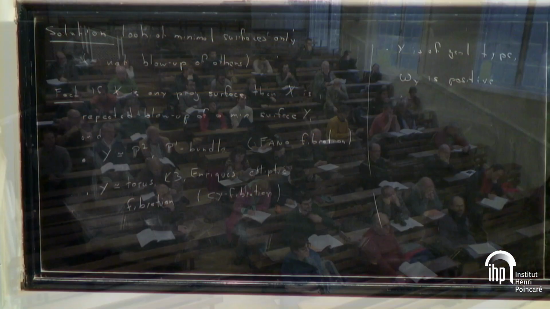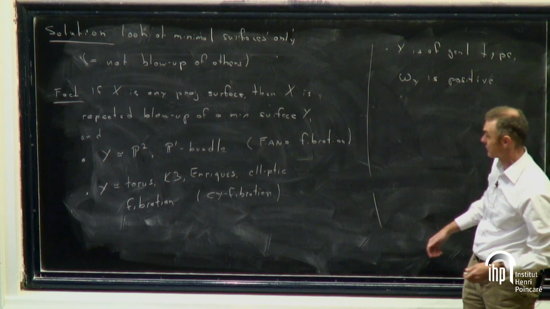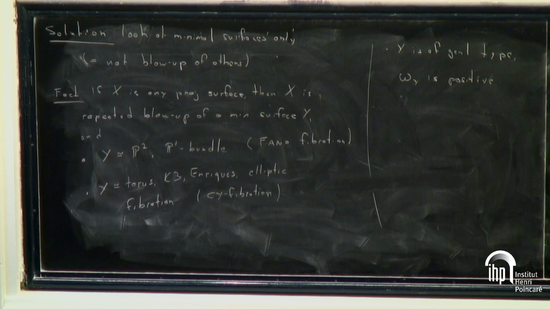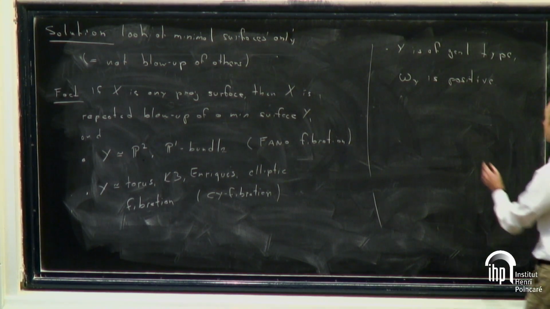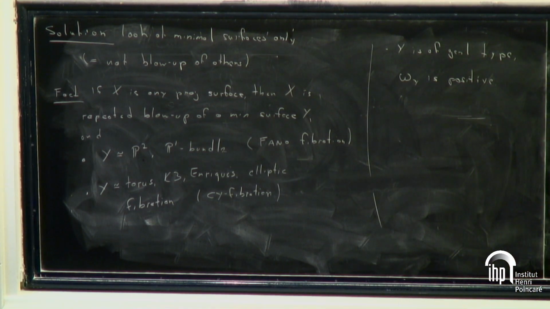You start with any surface, you blow down, you revert the blowing up process until at the very end you end up with a minimal surface, and that minimal surface will always have the structure of a Fano fibration, a Calabi-Yau fibration, or it's of general type, and then it's positive. So this is the best form of decomposition that we can hope for, accepting the fact that we have to deal with products. So this is, again, very classic and well understood.